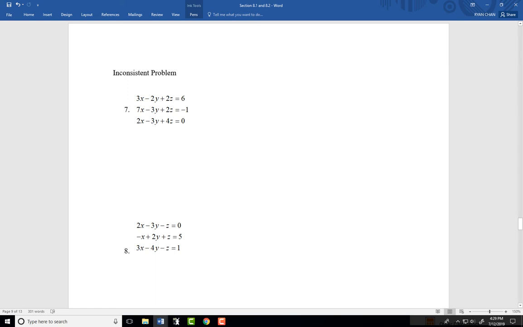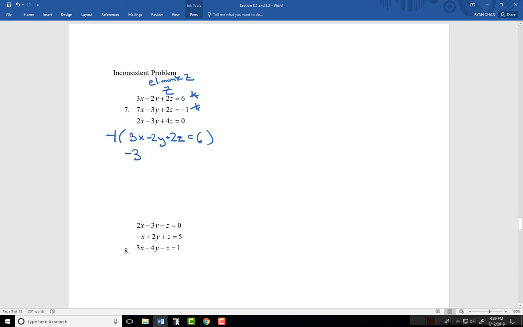If I look at number 7 here, I'm going to eliminate z as well. So let's do these two. I'm going to multiply the top row by -1.